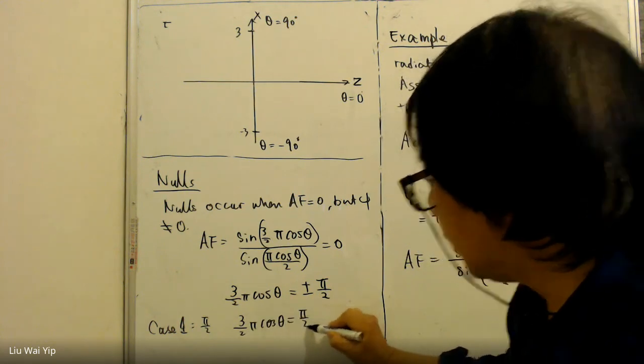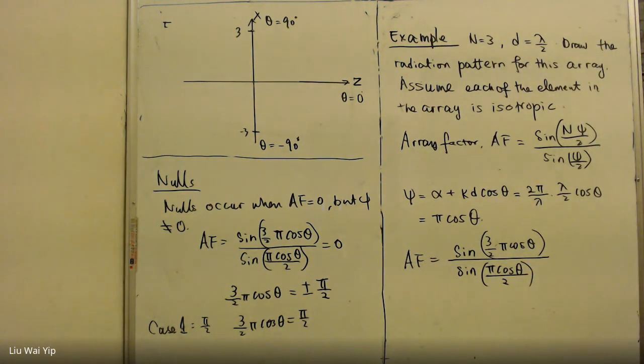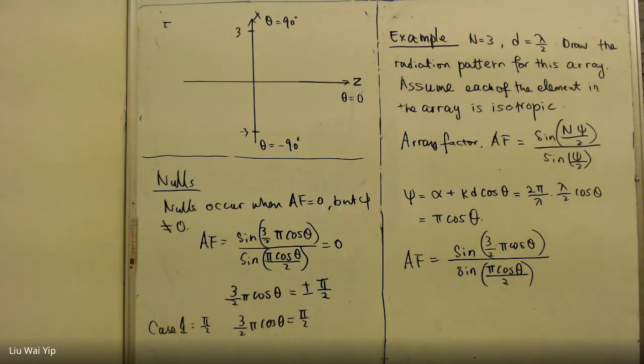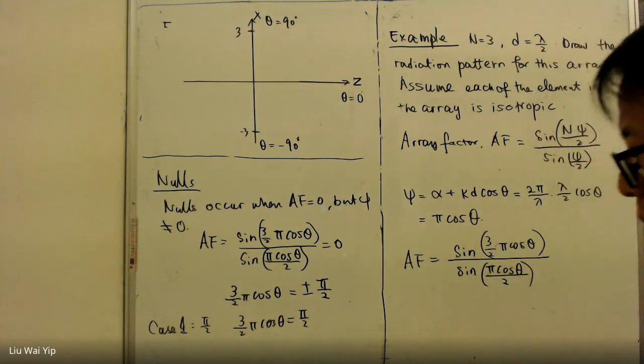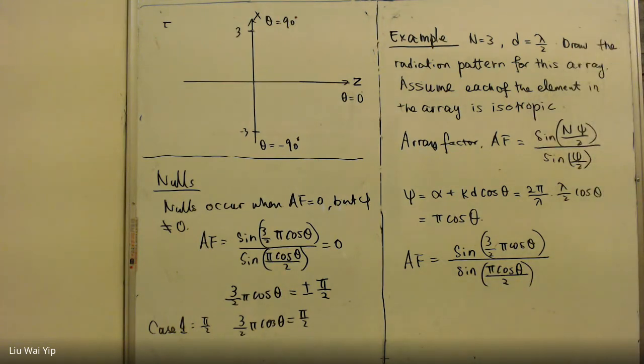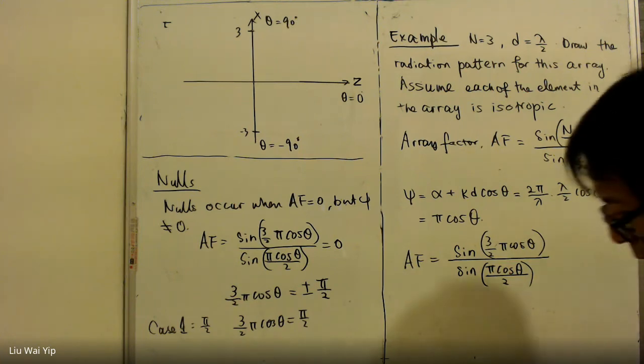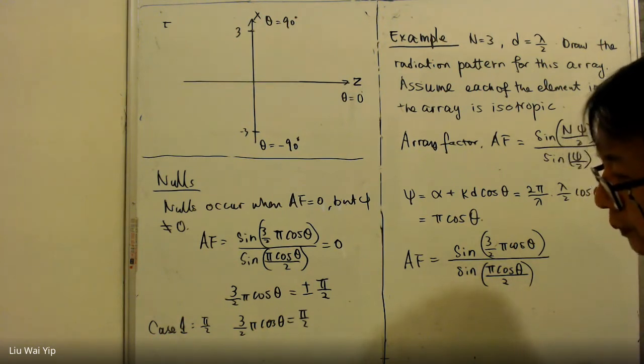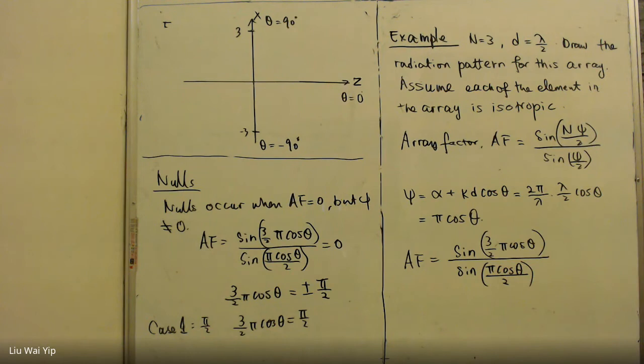Pi over 2. And if you work it out very carefully, you will find that theta here is going to be, let me see, pi over 2. Is it correct? Pi over 2. 1/3.